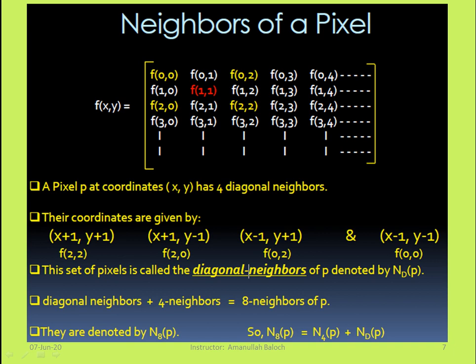The total becomes 8, denoted by N8 of P. All these 8 pixels are called N8 of P. When we refer to N8 of P, it means all the 4 neighbors and all the 4 diagonal neighbors.